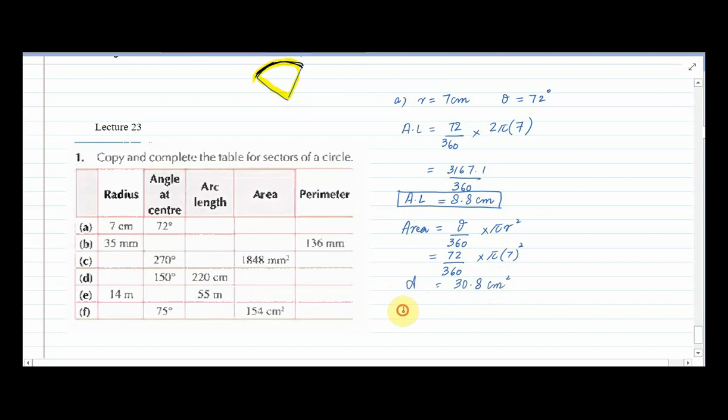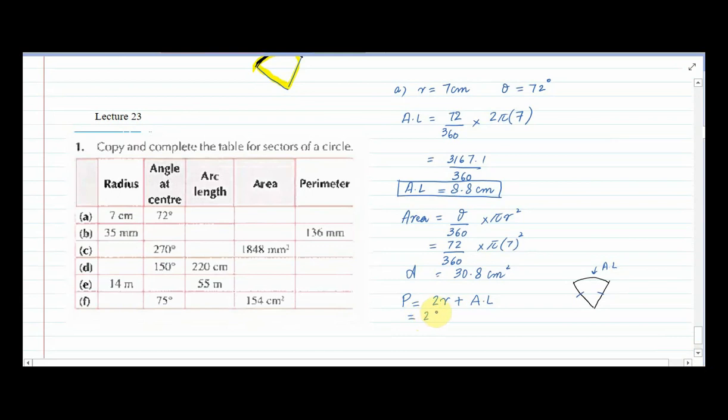To find the perimeter, perimeter is what? Sum of all sides. So if I draw a sector roughly, right? There are 3 lengths for a perimeter, 2 radius and 1 arc length. So perimeter is 2r plus arc length.